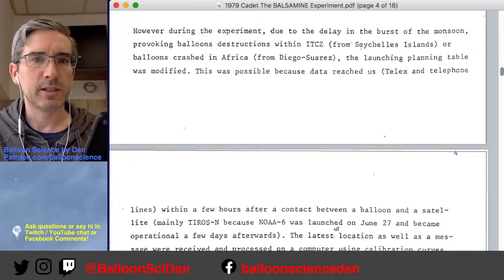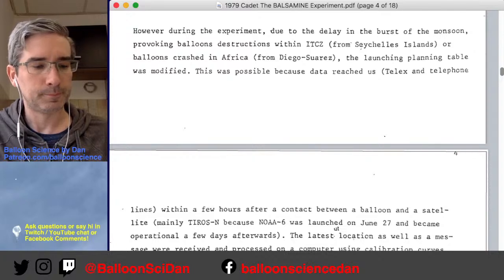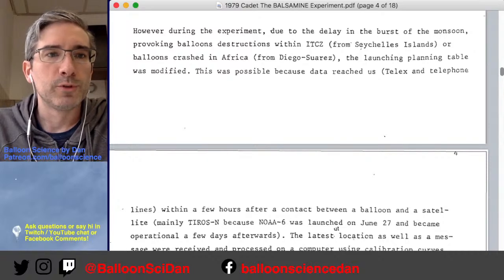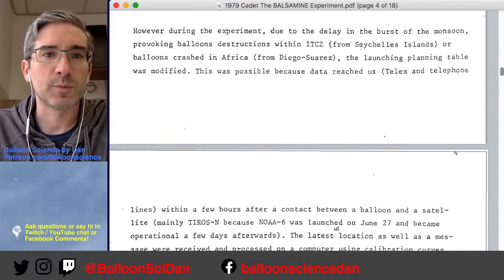What does ITCZ stand for? I found this on the web. Yeah, close, but no. Or balloons crashed in Africa from Diego Suarez. The launch planning table was modified.